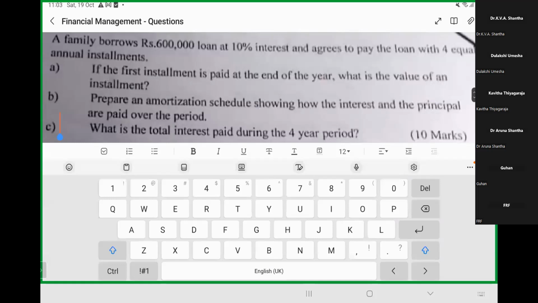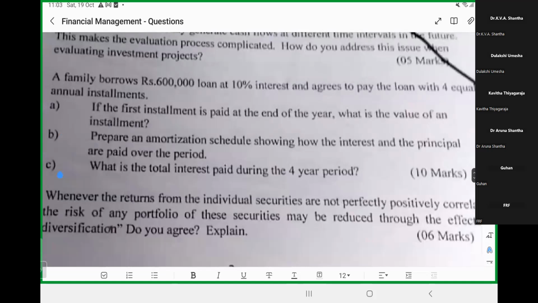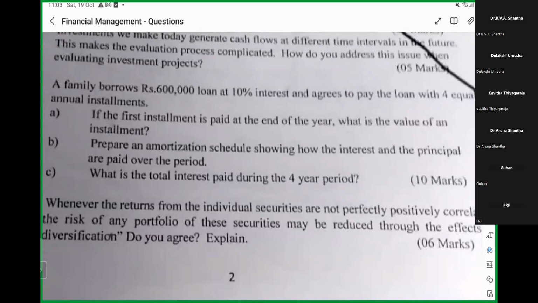A family borrows 600,000 at an interest rate of 10% and agrees to pay the loan with 4 annual installments.